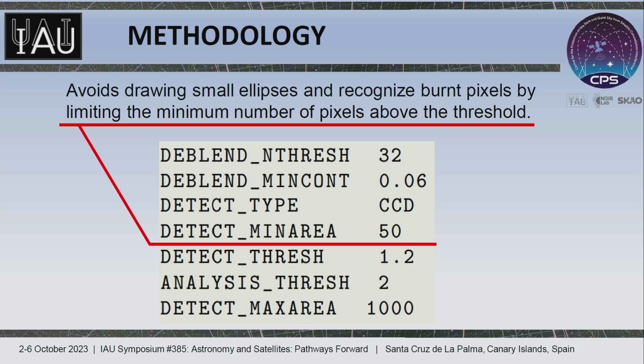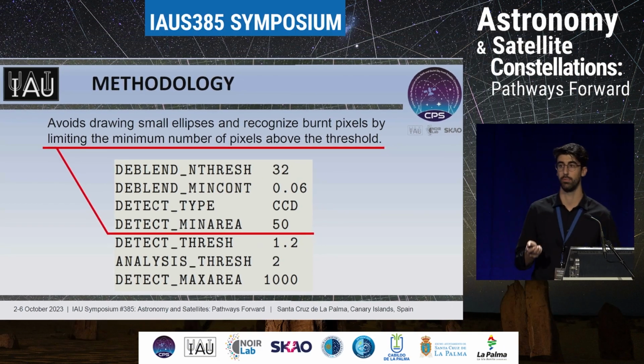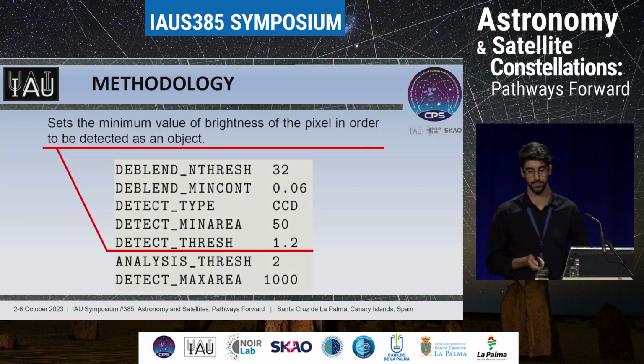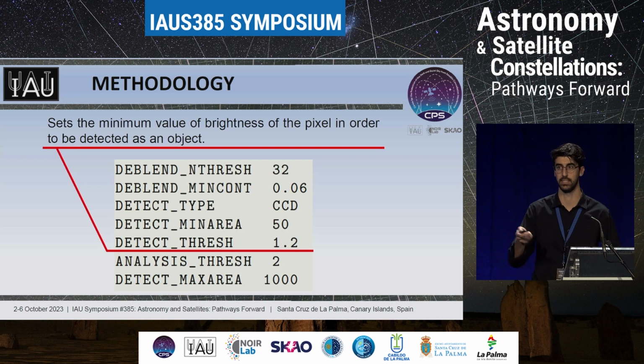On the other hand, we are going to focus on the variable called detect mean area, which sets the condition of a minimum number of pixels above a certain threshold for the object to be recognized. And finally, the detect threshold sets that threshold of brightness.